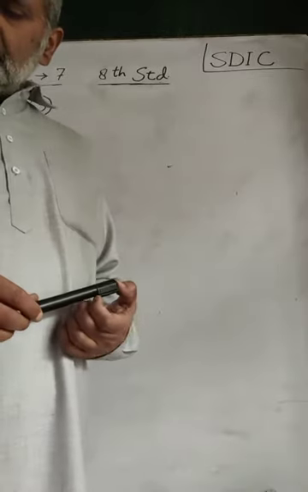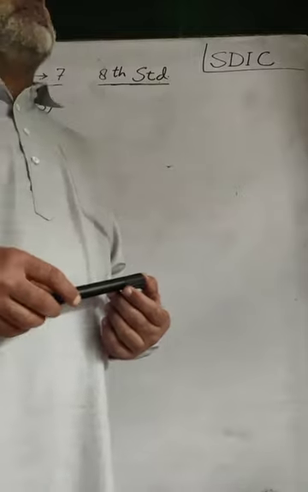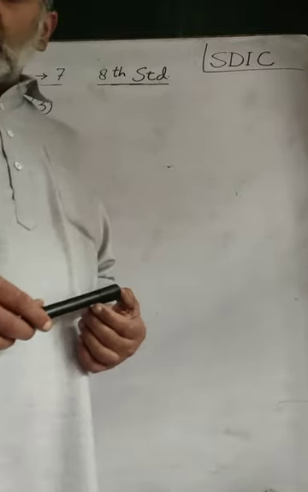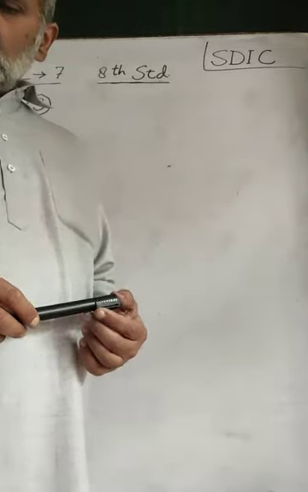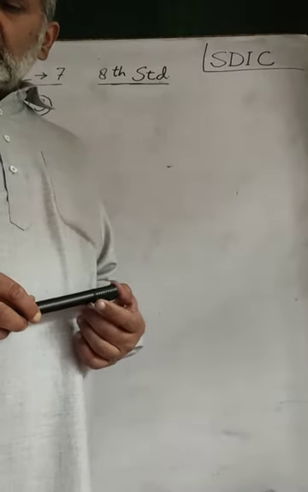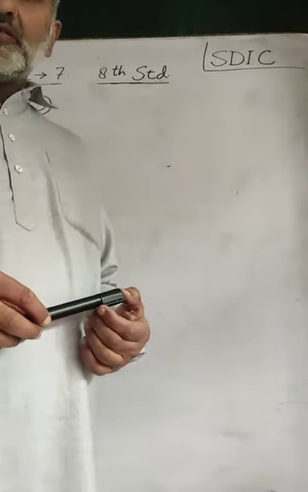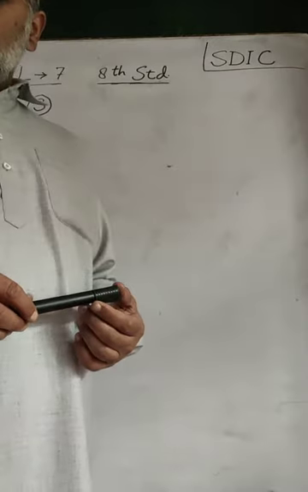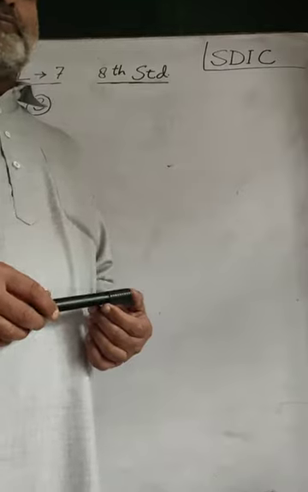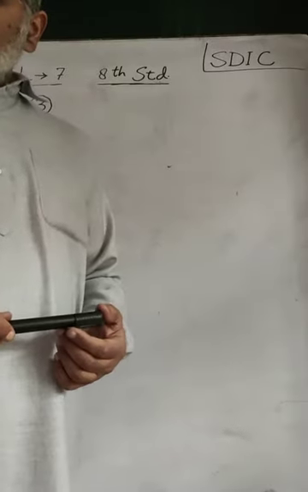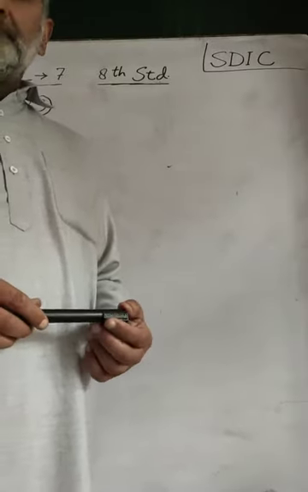At that time a few parts were given to you as homework. You were told to send me on WhatsApp the solutions of those parts which I have given as homework so that I can see whether you can solve those or not.